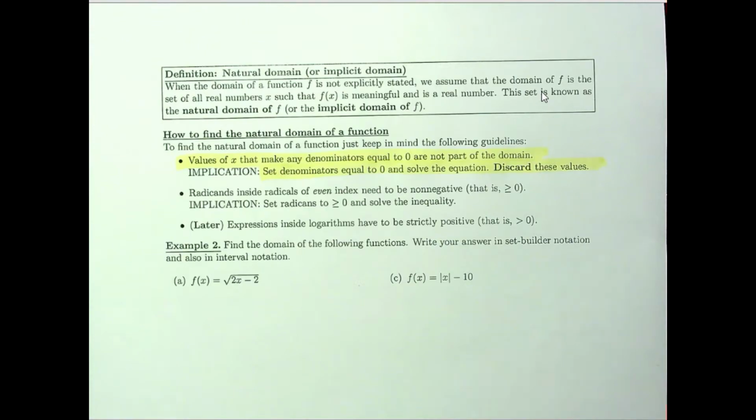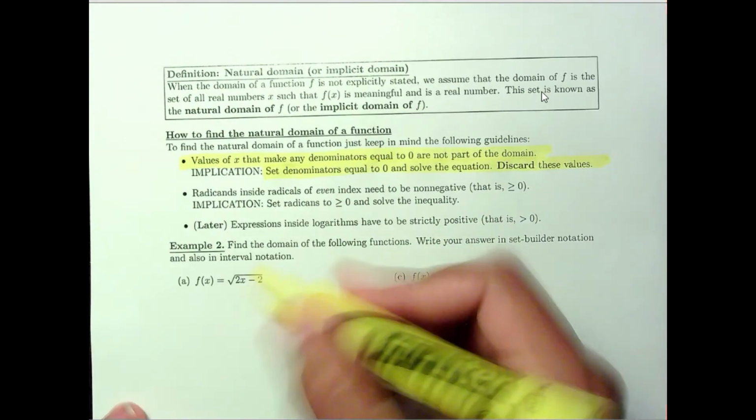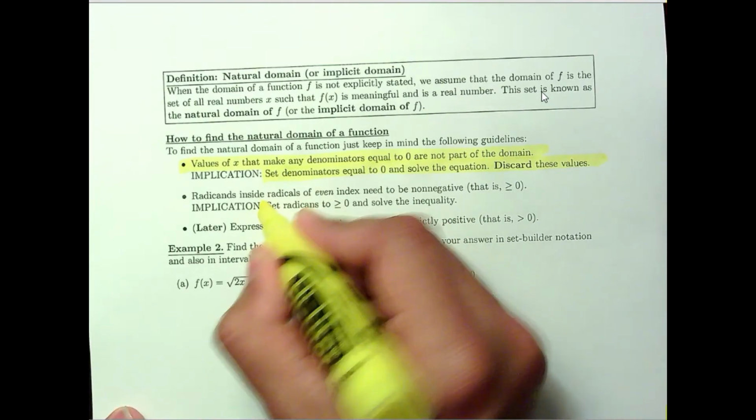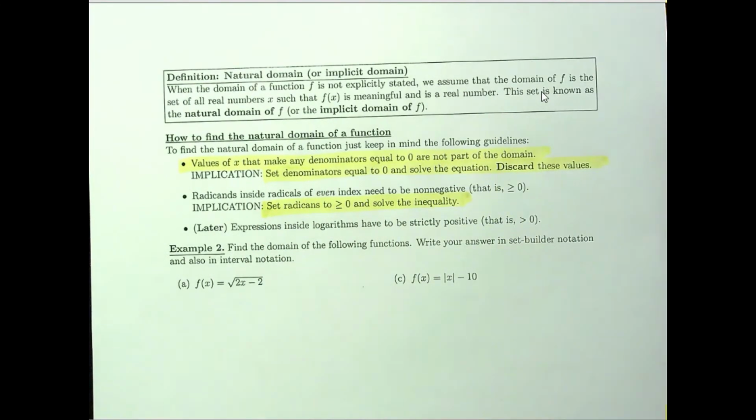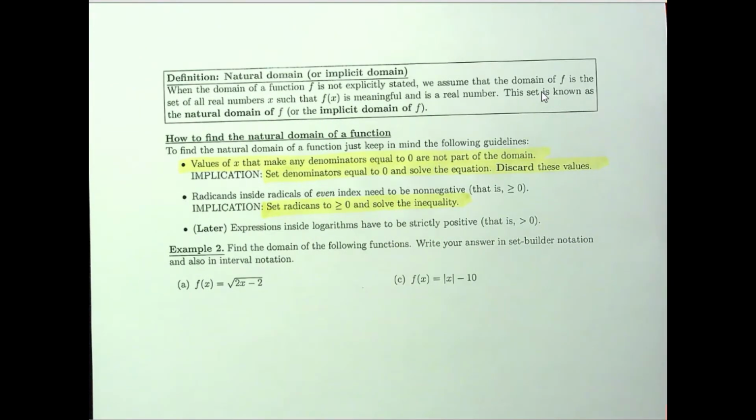So you're going to set the inside of the square root, or radical of even index, to be greater than or equal to 0, and you're going to solve that inequality. You need the numbers that make the inside bigger than or equal to 0, because if you allow numbers that make the inside negative, then you're going to run into imaginary numbers, right?